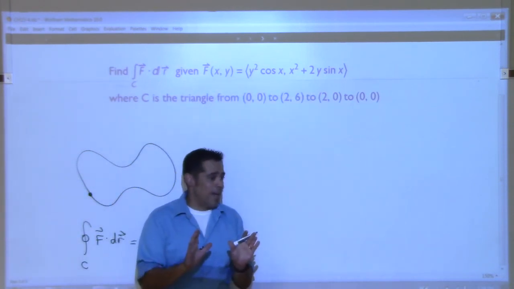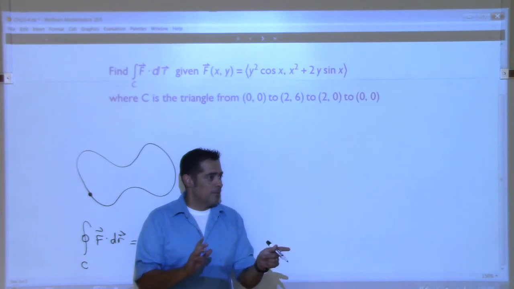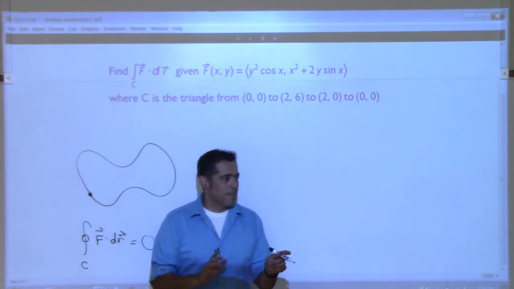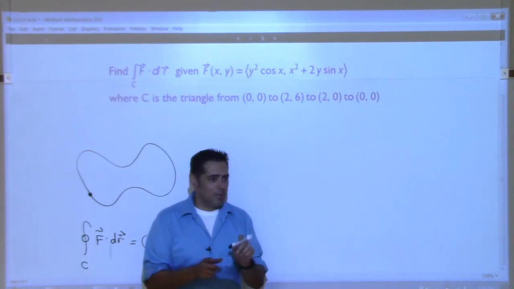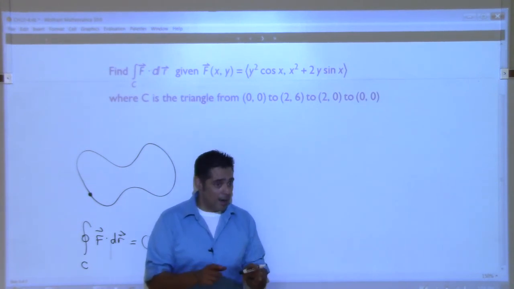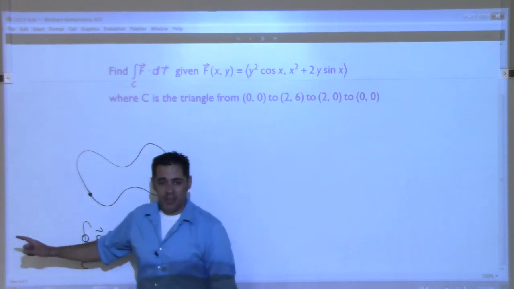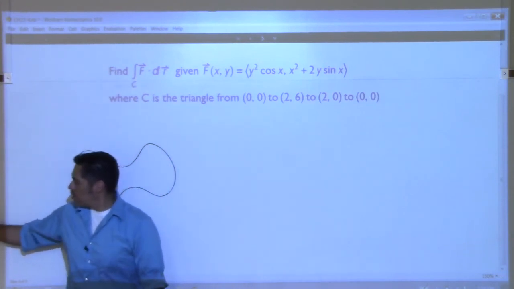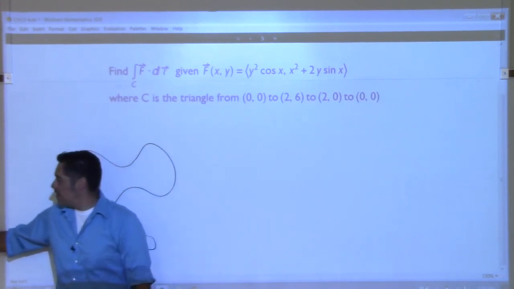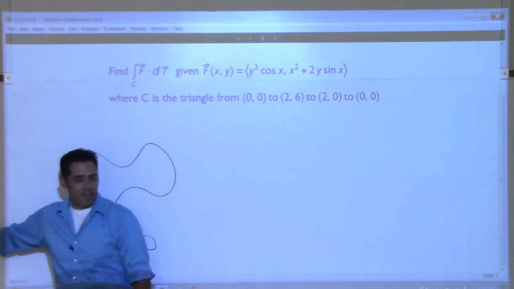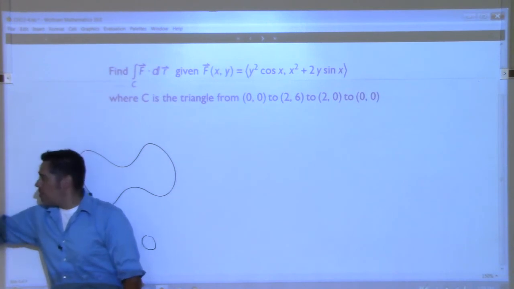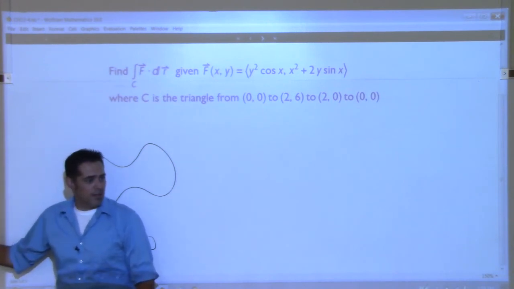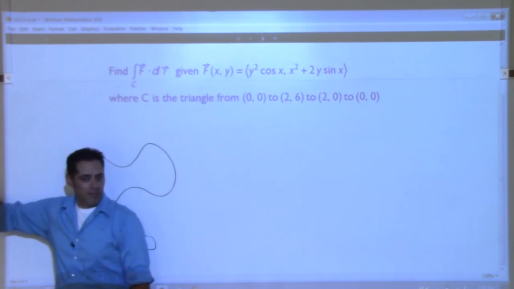The partial of P with respect to y has to be equal to the partial of Q with respect to x. Look at Green's theorem. These are the same two quantities, aren't they? And so when you subtract them, what do you get? 0. So the double integral should give you 0, which matches up with the line integral.